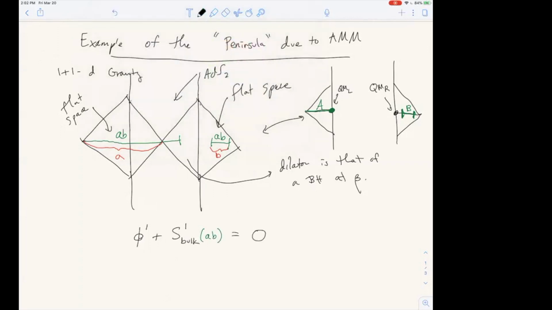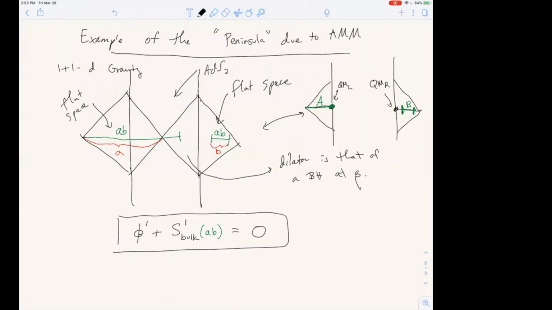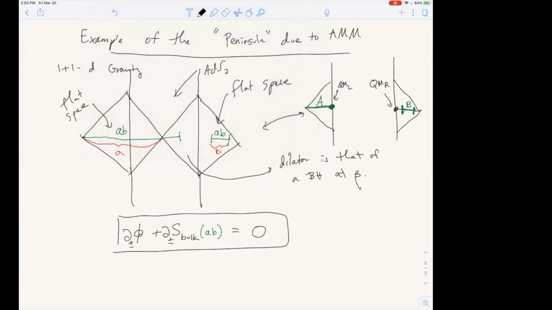And I want this to be 0. Okay? So this is the extremal surface equation. These primes I really should say D plus, D minus. What I'm doing to find this equation is changing the endpoints. I'm taking this endpoint here and moving it up in this direction or in this direction, and I'm trying to extremize this function. Okay? Are there any questions about the setup here?